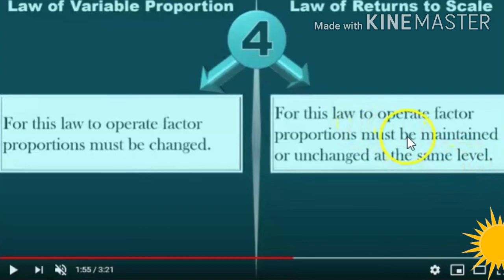If the variable factors are employed more and more, only then the law of variable proportion operates. For returns to scale, the factor proportion must be maintained unchanged at the same level.